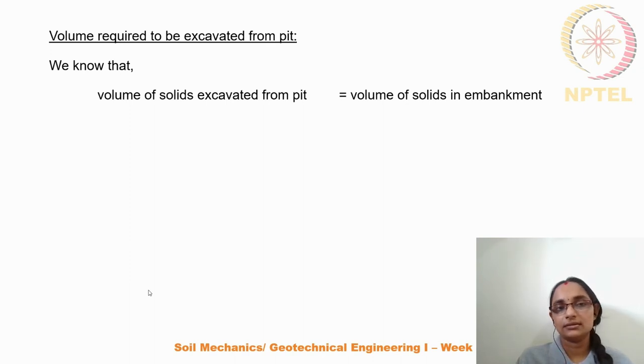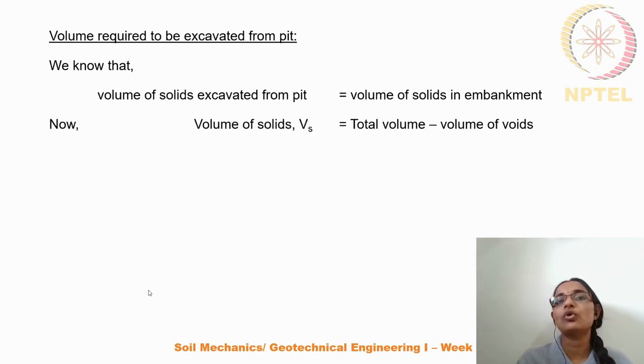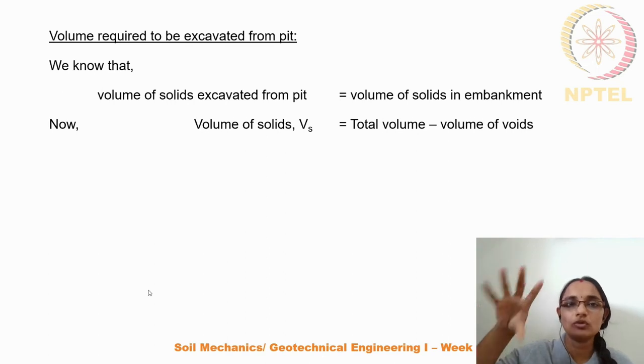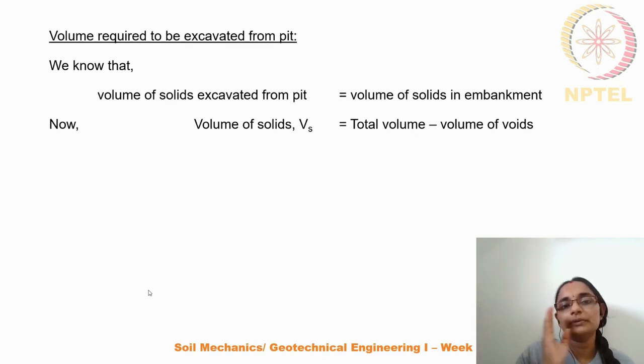We know that volume of soil solids is equal to total volume of soil minus volume of voids. Earlier in the three-phase diagram we saw that total volume is the summation of volume of solids and volume of voids. So to obtain volume of solids, we need to deduct volume of voids from total volume.